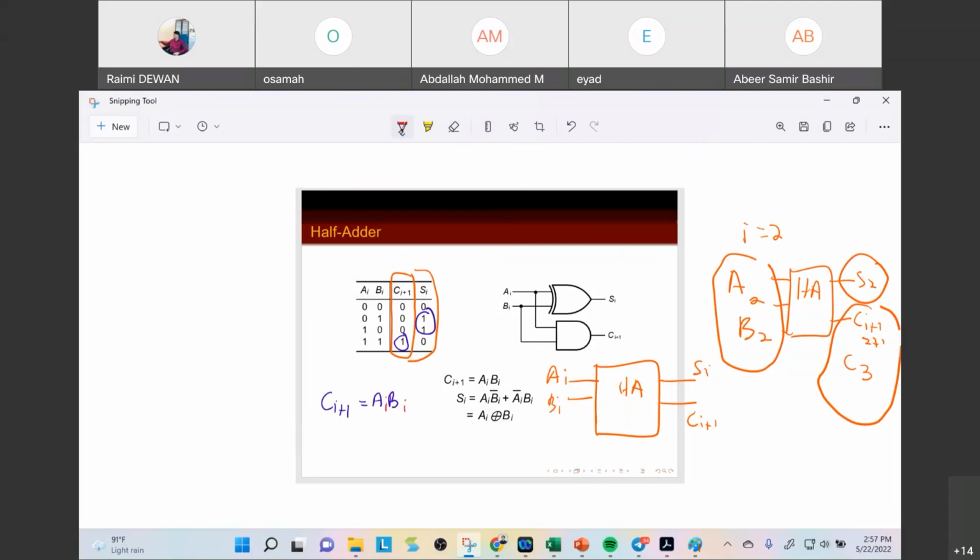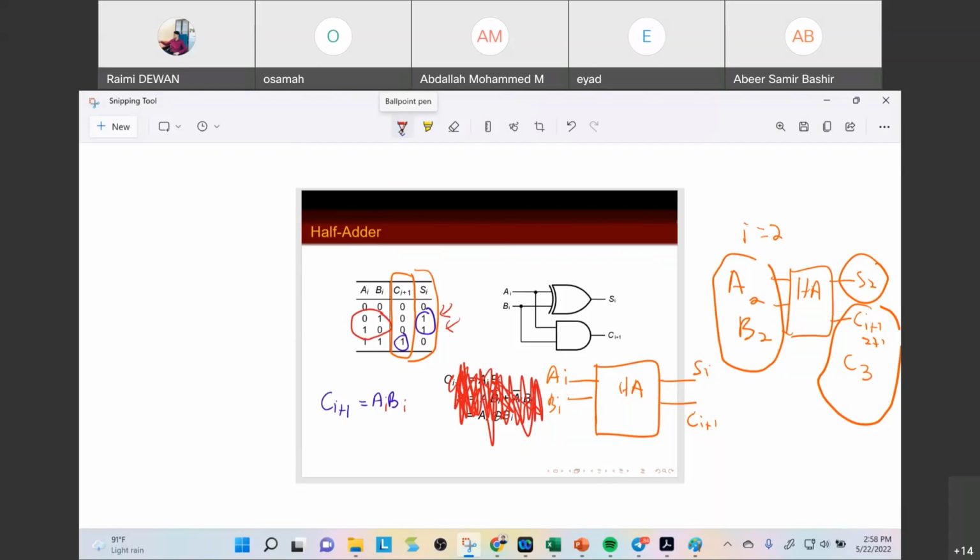So now let's see about the summation. For the summation, you don't look at this, you listen to my words. You're not going to learn if you don't. Now you see this one, we have 1 plus 1, and we only have this one if and only if the inputs are different.